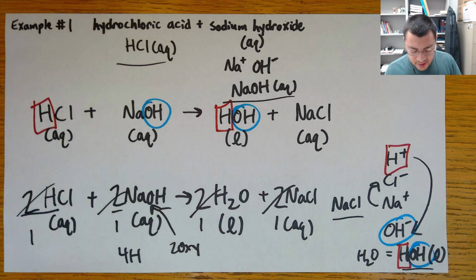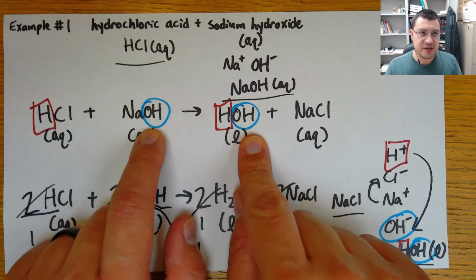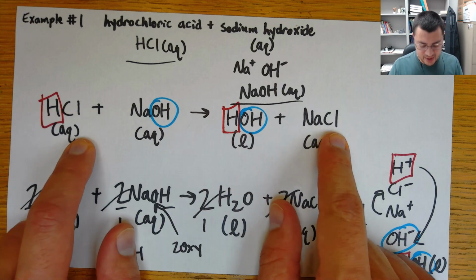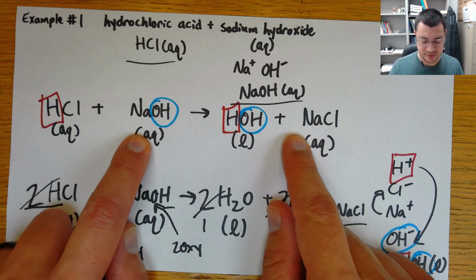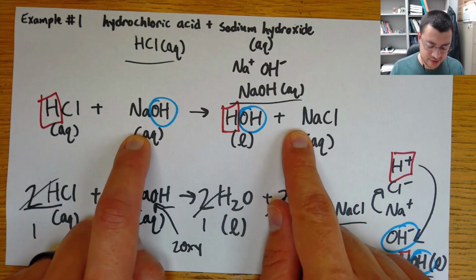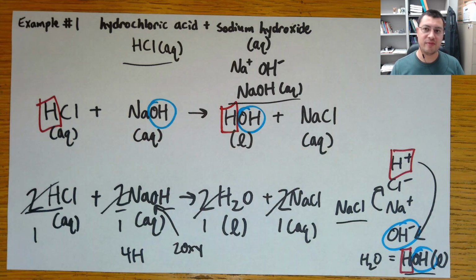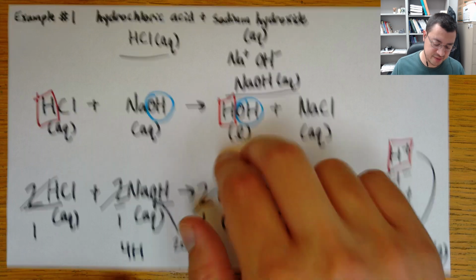All right. And hopefully through that, you can see we have 1 OH on each side. We have 1 H plus on each side. We have 1 Cl minus on each side. We have 1 Na plus on each side. So for me, this makes balancing jump off the paper way more easily when it comes to acid base.